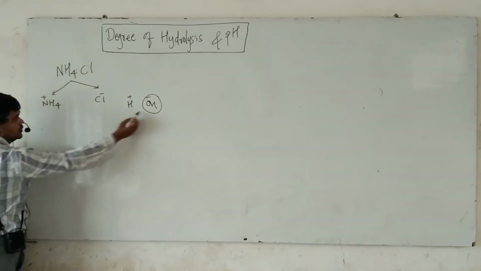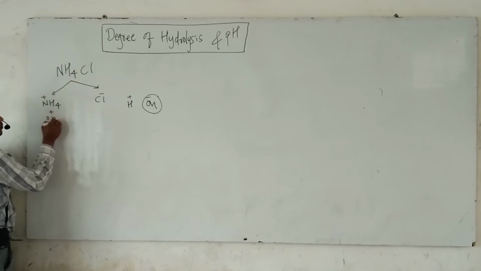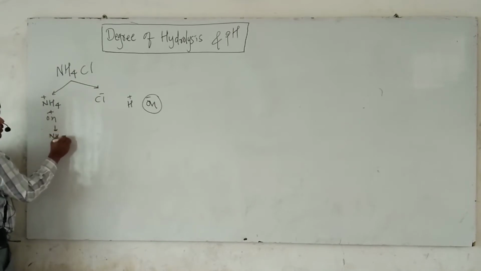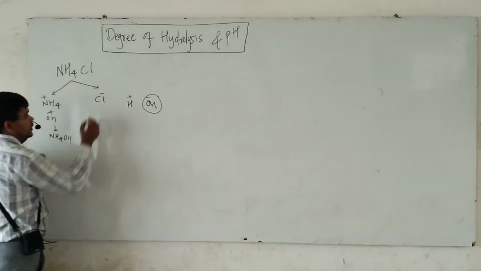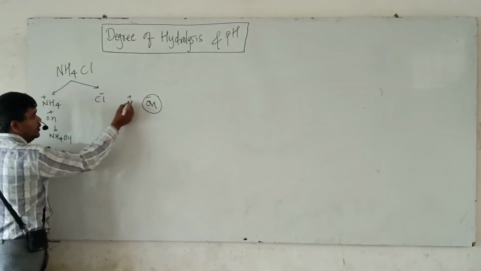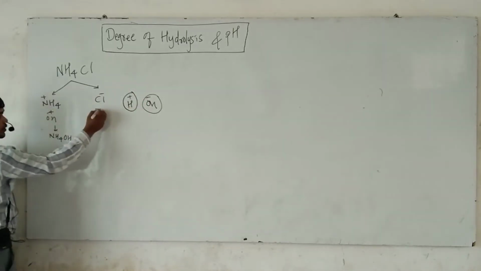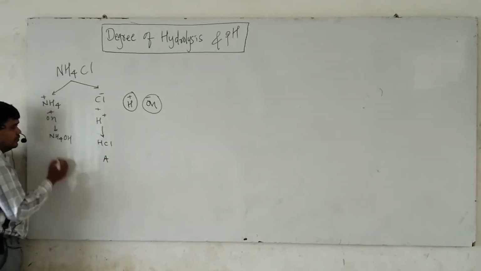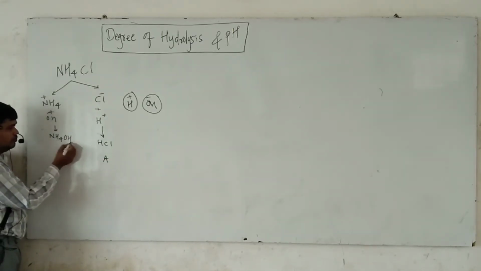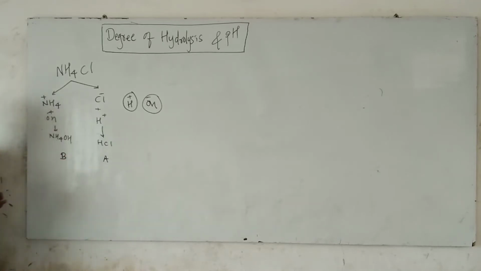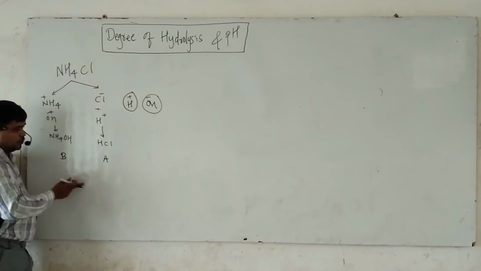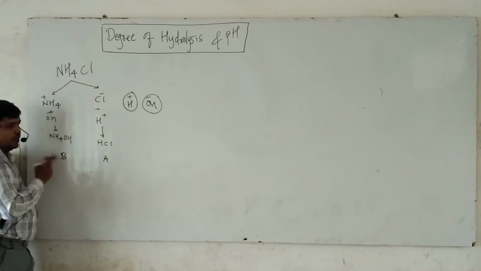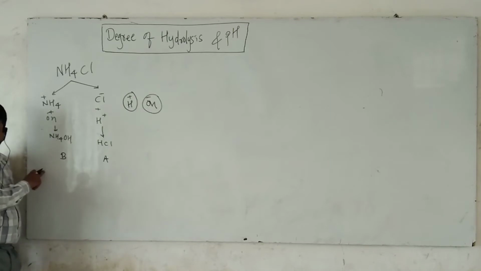If NH4 plus combines with OH minus, it will give NH4OH. The negative ion will combine with the positive ion, meaning Cl minus will combine with H plus. What will it give? HCl. HCl is an acid. NH4OH, ammonium hydroxide, is a base. One will be acid, another will be base. Out of these two, whichever is the weaker part will be hydrolyzed.